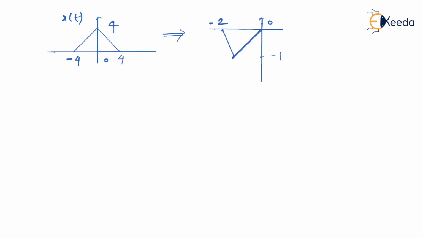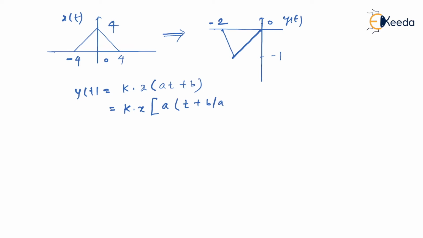So x of t is somehow modified into y of t. The mathematical relation between y of t and x of t is already given, which is y of t is equal to k times x of at plus b. Or I can write k times x of, taking a common because I want to make the t coefficient free, t plus b by a inside.